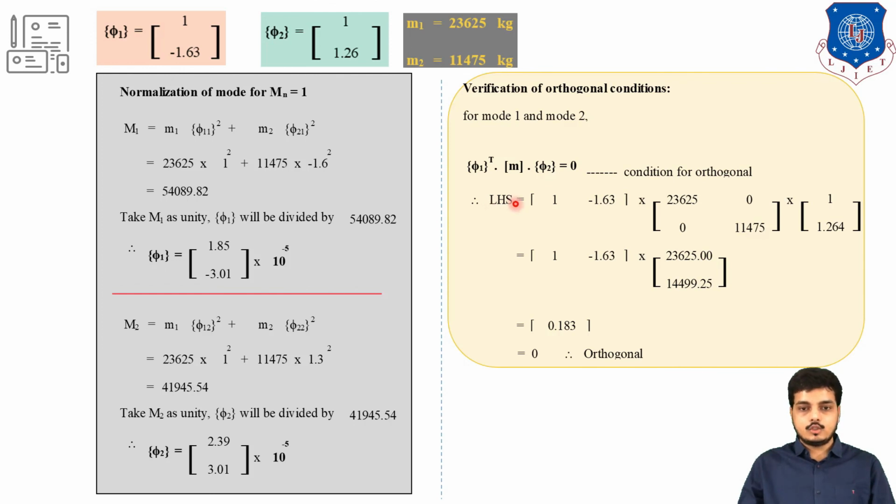Left hand side equals 1 and minus 1.6, the transpose of this phi 1, multiplied by my mass matrix, multiplied by phi 2 as it is. Now row multiplied by column and row multiplied by column, I get this value. Then row into column, I get nearly 0.183, so it should be nearly around 0.